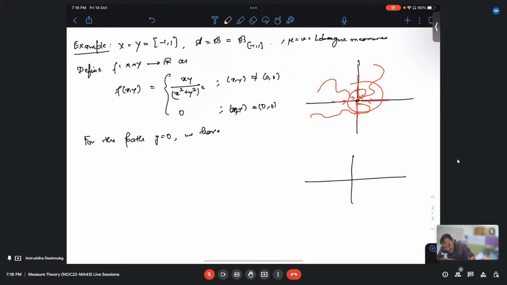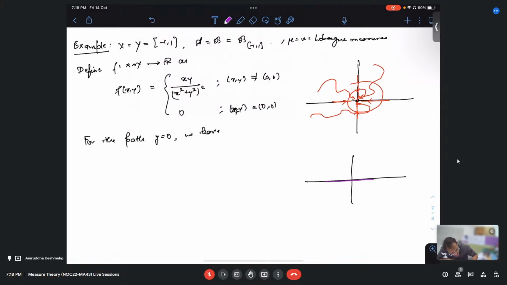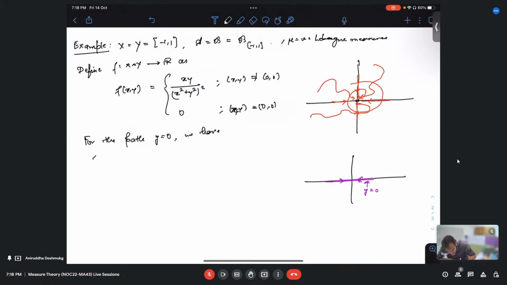So for this path y equal to 0, that means the x-axis, let us reach 0, 0, either from the right or from the left. Let us see what happens. So we have f of x, 0. This is always 0, right?